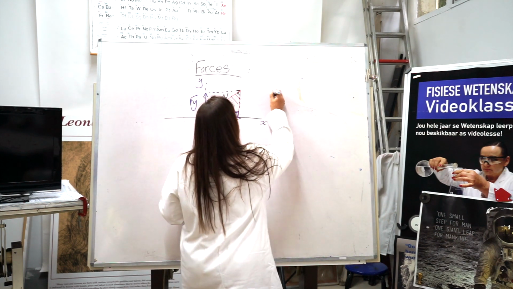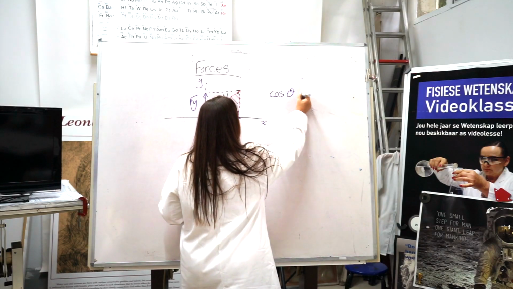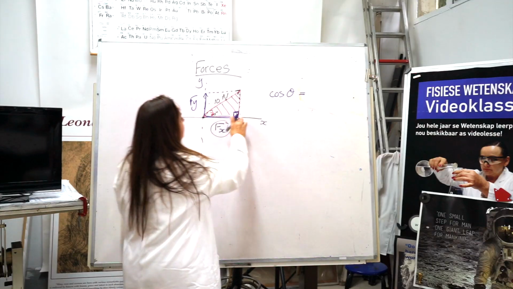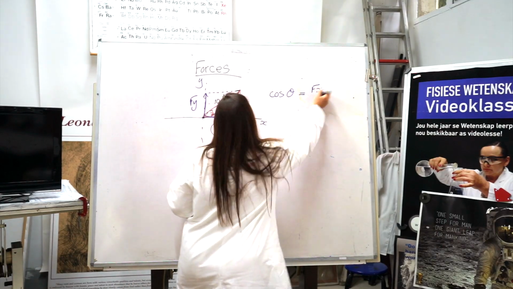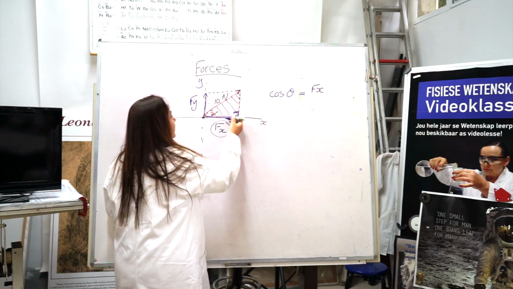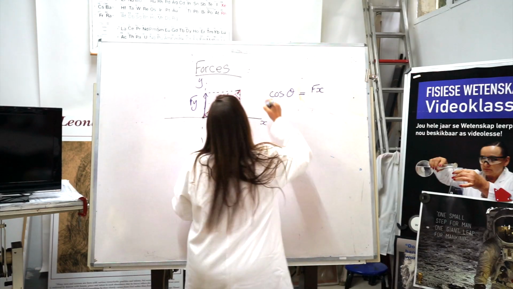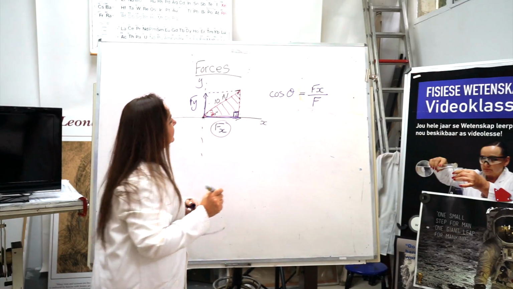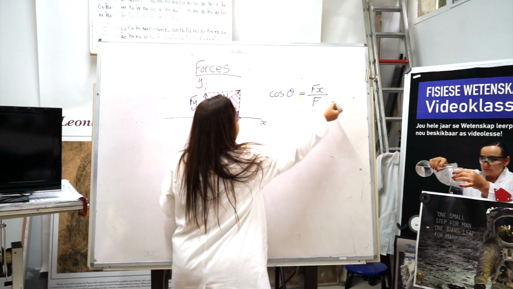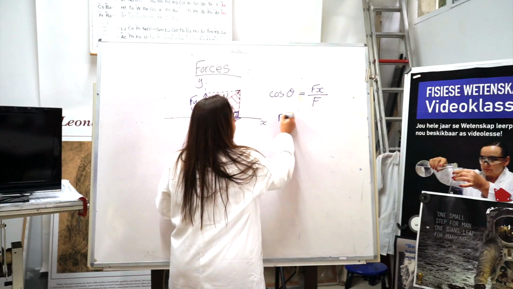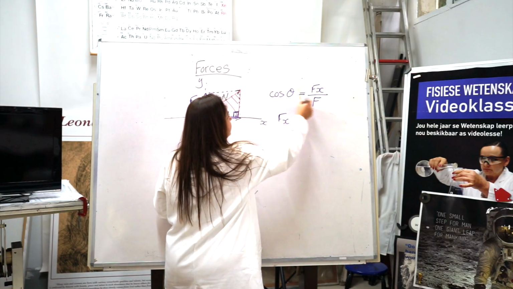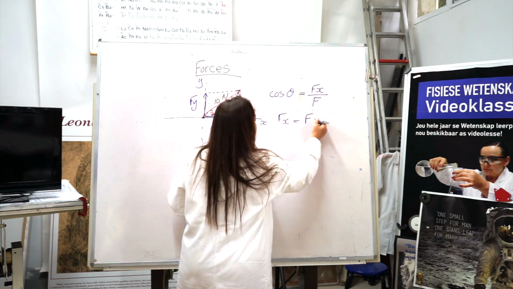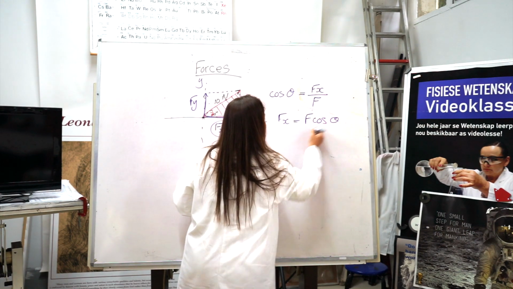So I'm going to use cos theta equals, and in this case it's going to be Fx, the adjacent side, over that 10 Newton side, or the original vector F. So if I want Fx, I take that over and multiply it on that side. So Fx equals F cos theta.